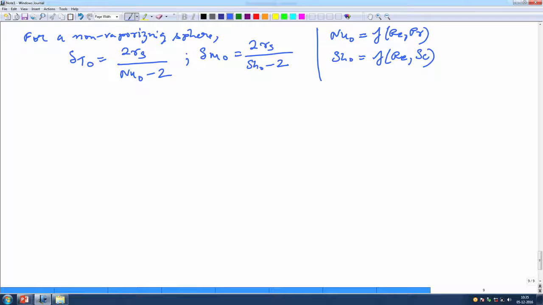Okay. So, this assumes that the conduction or diffusion through the film must be equal to the actual intensity of the convective transport, right.